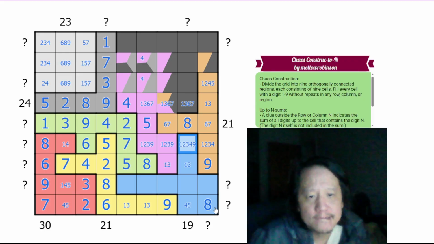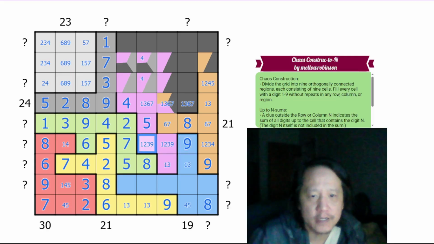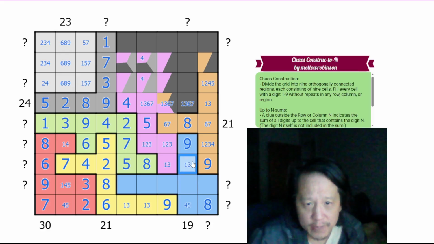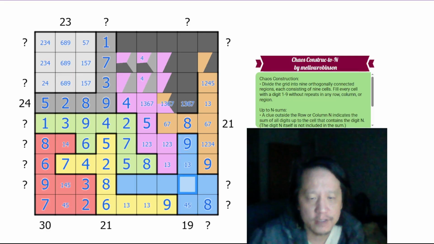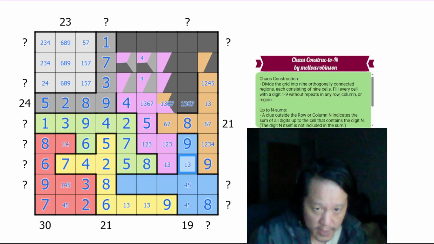Okay. We need a 9 for the blue region, and it cannot be here, it cannot be here or here, so it must be here. So this is 9, which eliminates 9 in the rest of the row. So that means these add up to 10, because 19 minus 9 is 10. Well, you could have 1, 4, 5, or it can't be 3 and 4.